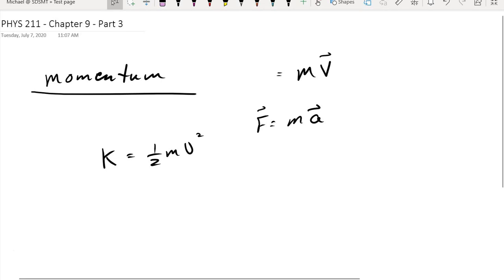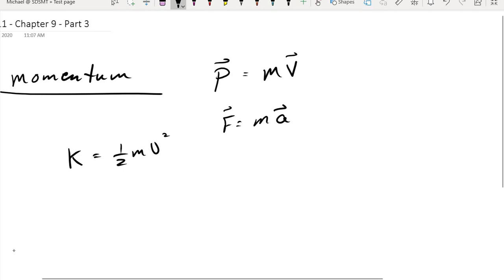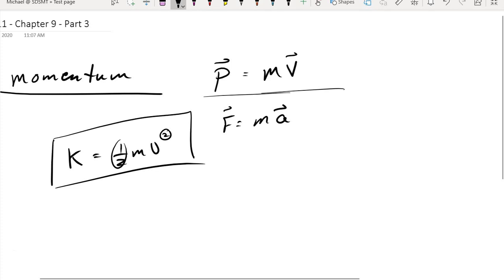Now, since we're already using M for mass, we need a different letter to stand in for momentum, something else in the alphabet that's not currently in use, and that is going to be the letter P. Now, the big difference between momentum and kinetic energy, aside from the fact that we're missing the squared term and the 1/2, is that momentum is going to retain the vector information about the velocity, whereas kinetic energy only uses the magnitude of the velocity or the speed.